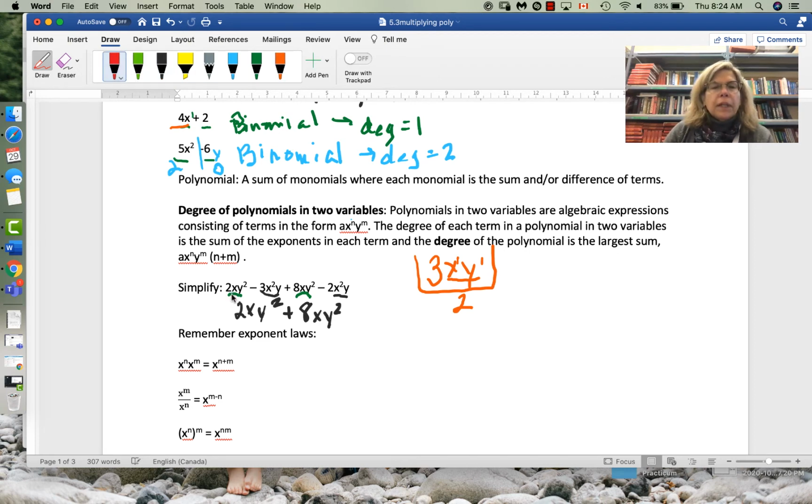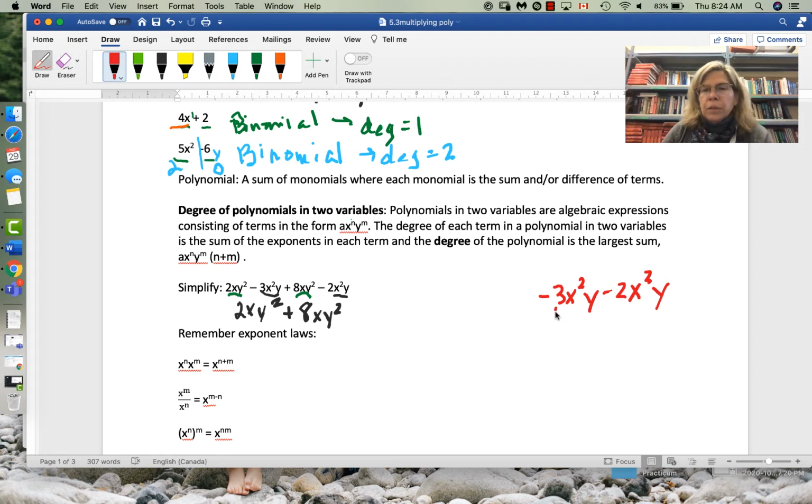If we look at the next one, it's minus 3x squared y. And then this one is also x squared y, so minus 2x squared y. I'm going to just get rid of this for right now. So then, if you want to combine the terms, these two terms combine to minus 5x squared y.